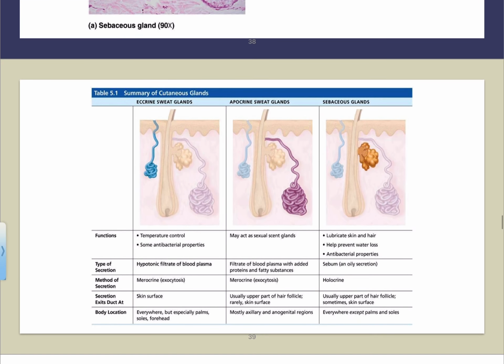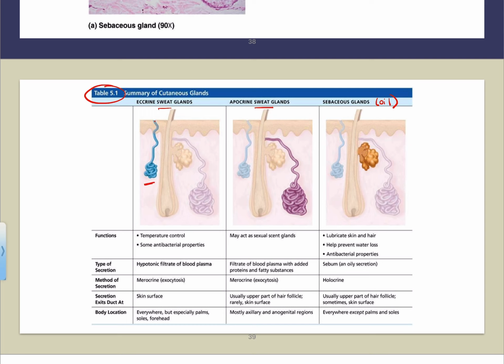And this is a really good table to go in and study so you can compare the differences between the three types of glands. Again, we have two sweat glands, our eccrine and our apocrine. When we talk about apocrine, we have two modified ones, ceruminous glands and mammary glands that secrete different substances. And then we have our oil glands over here. So you can take a look at their location, where they are.